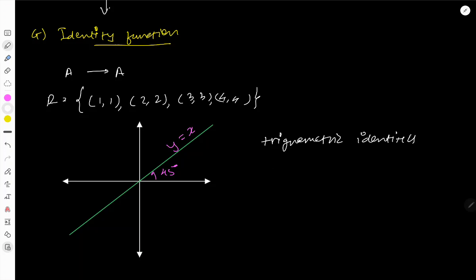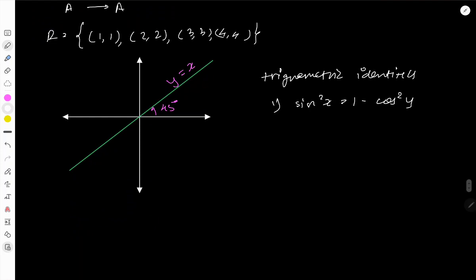identities. So now if I give you that sin square x equal to 1 minus cos square y, then write the set having elements x comma y.